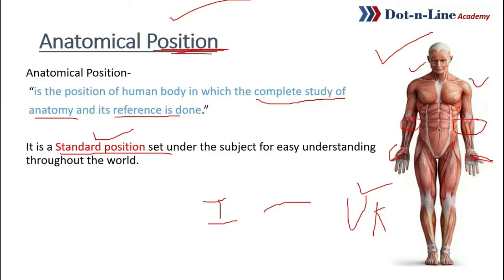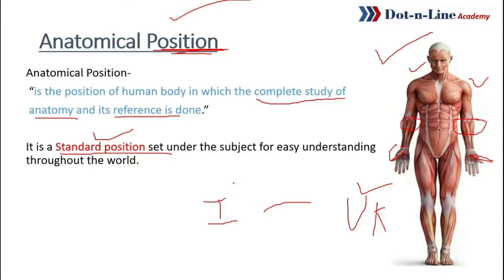If this standard was not there, I might be saying one thing and he might be understanding something else. So there would be no collaboration and no equality in my statements and his statements, and we both would get confused. We are going to study the complete subject in this position.